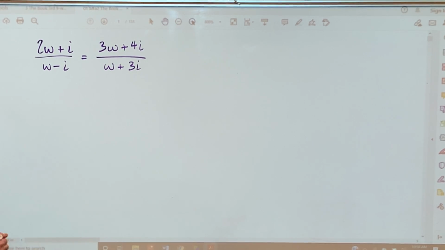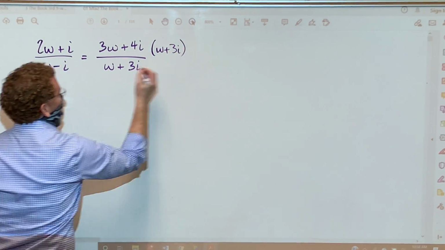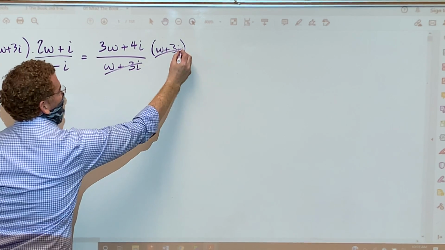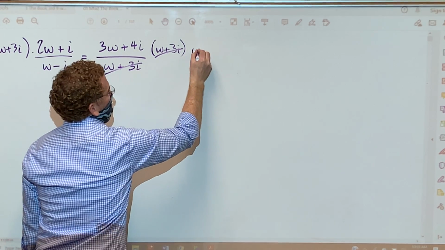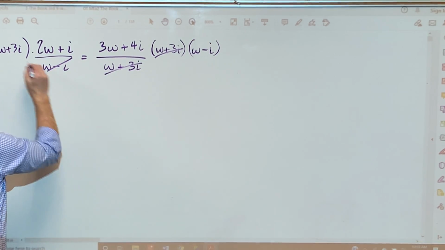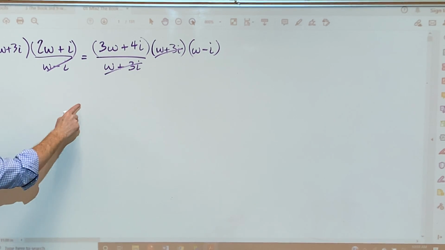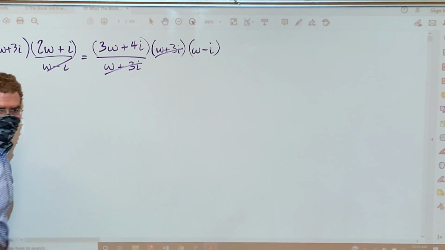Cross multiplying, in case you don't know, is the same thing as multiplying both sides by w plus 3i, which would cancel that. And then multiplying both sides by w minus i, which would cancel that. And you can see that all that gave you was this times this, and that times that. Okay?